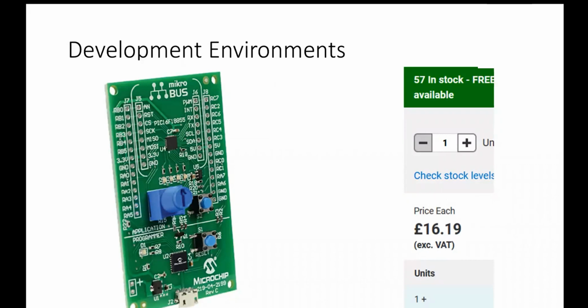It's got 4 LEDs on it, a little temperature sensor, a single button, and a pot. All the pins are scraped out to the 28-way jumpers, J7 and J8, on the outside edges of it.